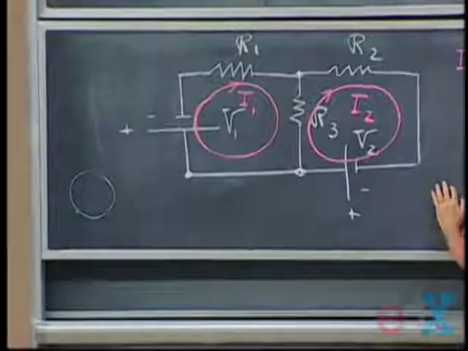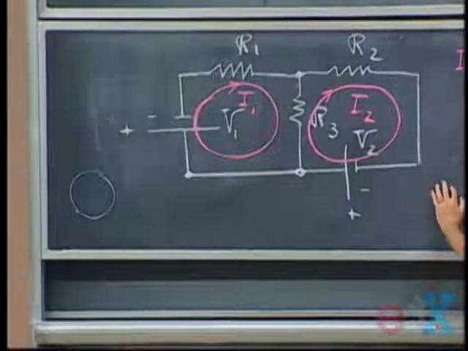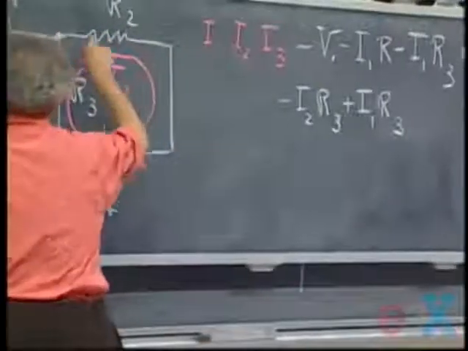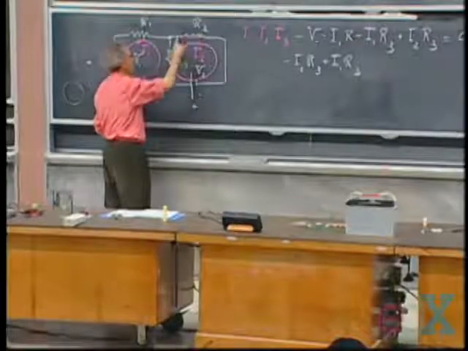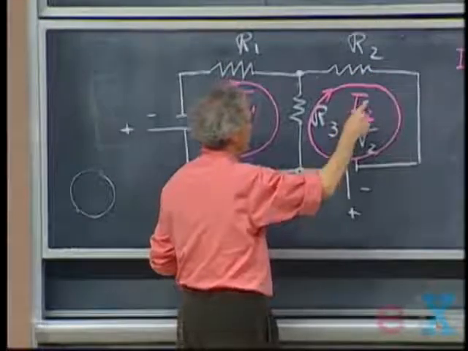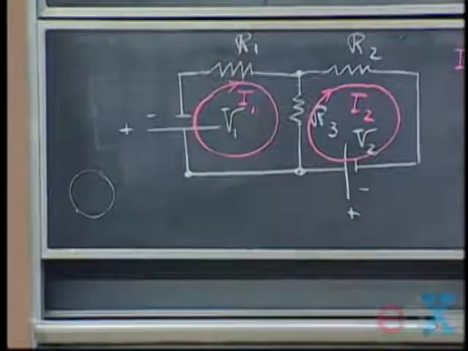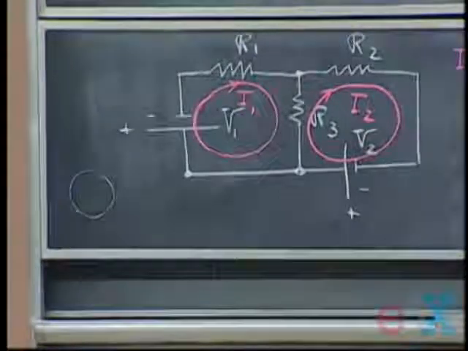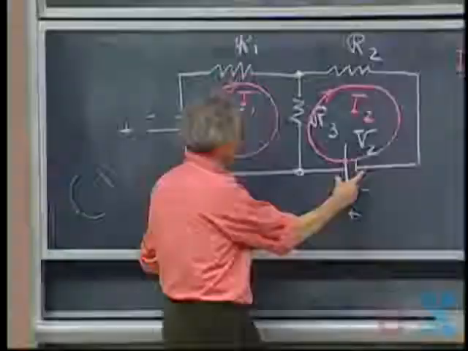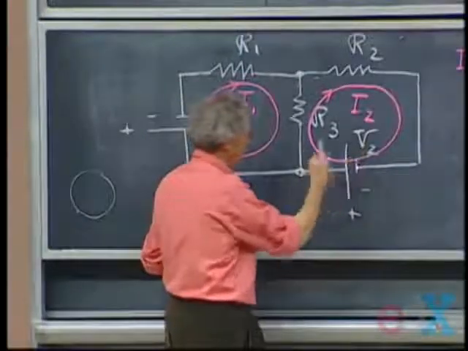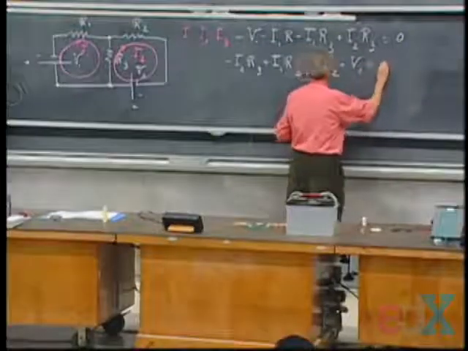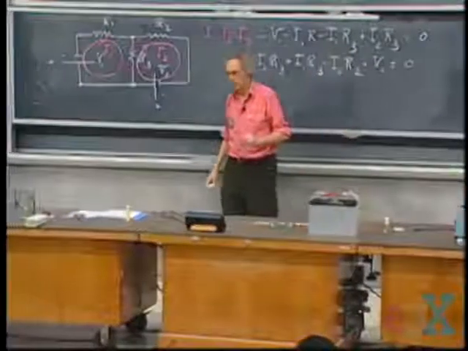So I get plus I1 times R3. Now I go through R2 in this direction, current I2 is also in this direction, and so this must have a higher potential than this, so I go downhill in potential, so I have minus I2 times R2. I come down here, here's a battery, and it goes up in potential, so I get plus V2. And that's 0. Two equations with two unknowns.